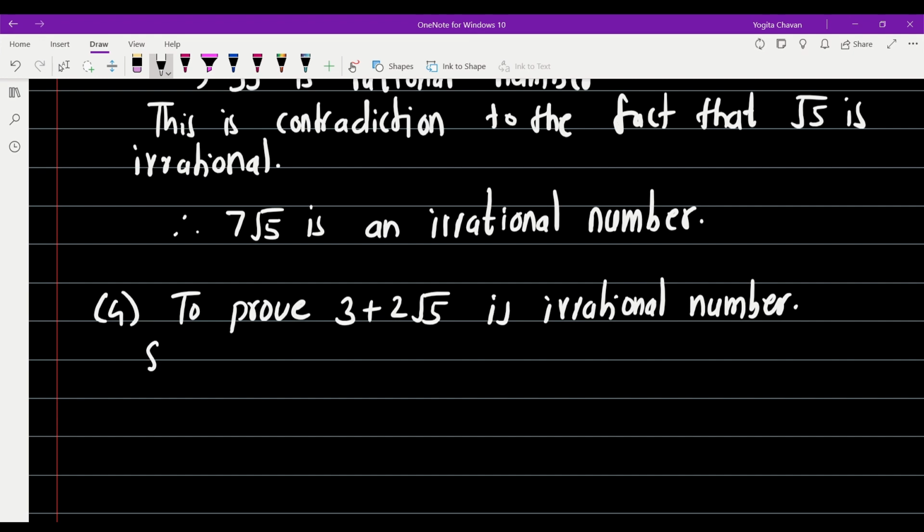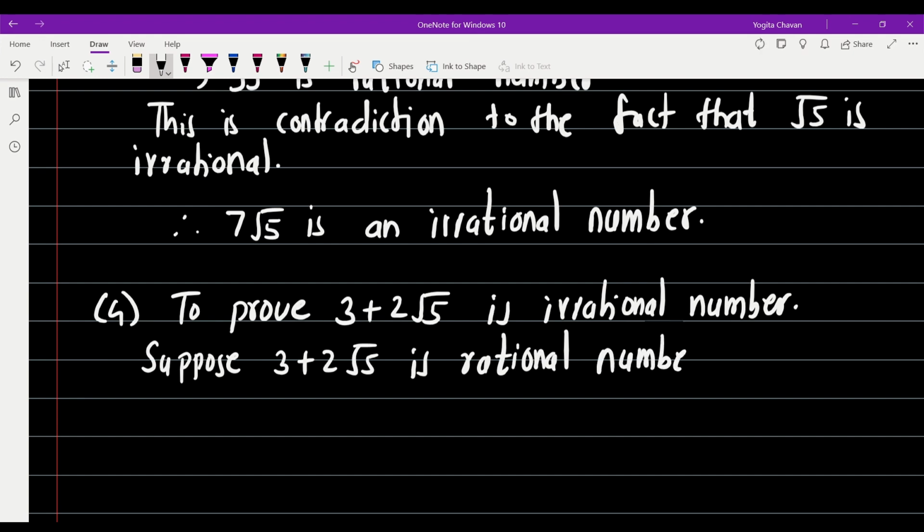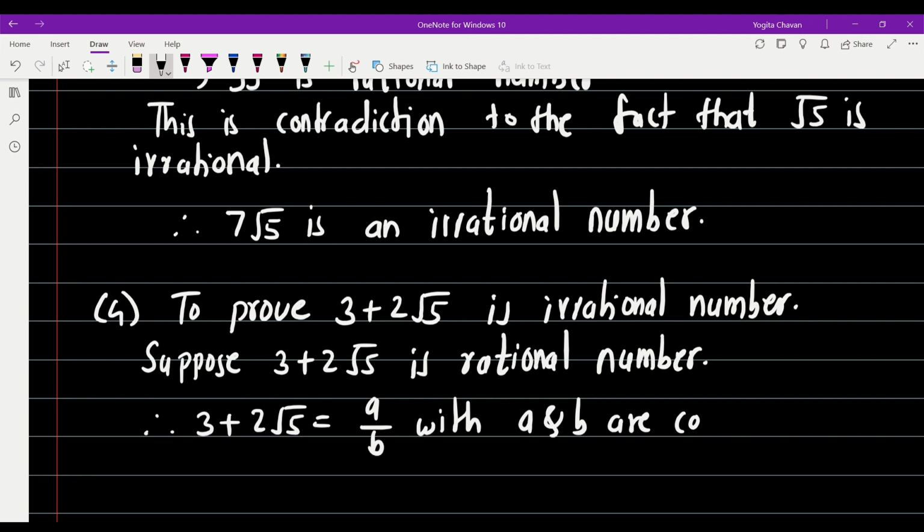So suppose 3 plus 2 into root 5 is a rational number. Therefore 3 plus 2 into root 5 is equal to a divided by b. And what are the conditions on a and b? a and b are co-prime.